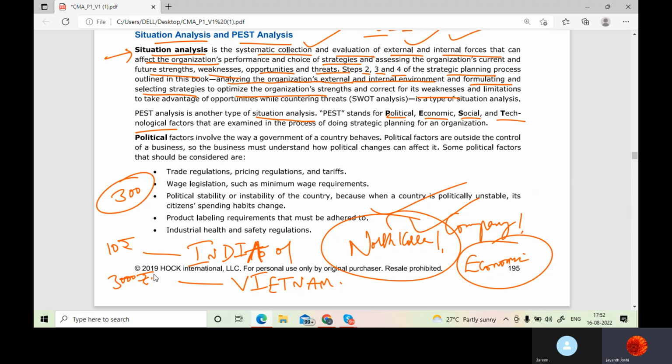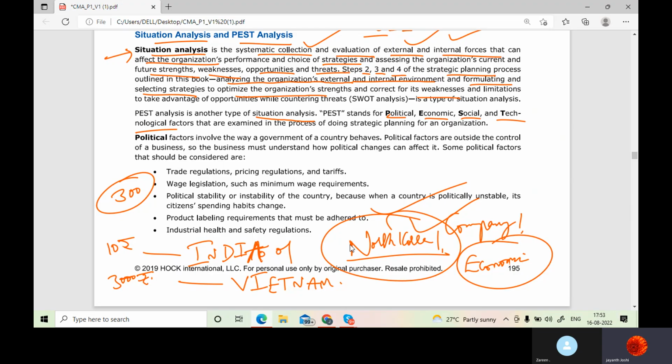That's good. So see, I would take a country which is good in all these particular factors, like political factors. I would see political stability. North Korea is ruled by a communist dictator. When there's a dictatorship, there's no freedom of speech, freedom of expression, or any kind of freedom.